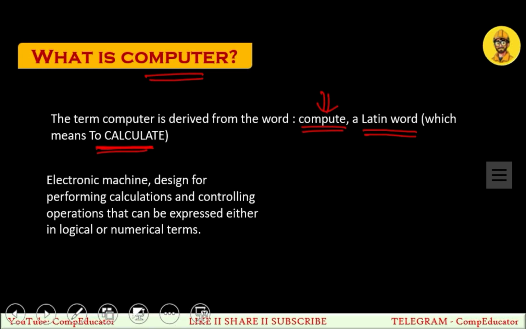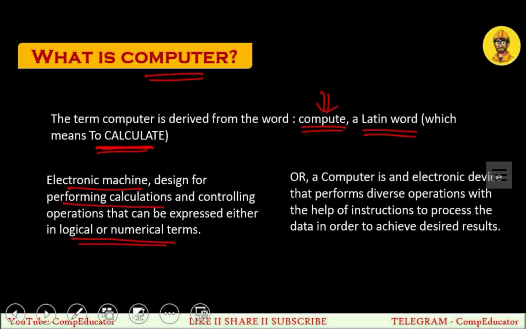As we already discussed, the formal definition of a computer is an electronic machine designed for performing calculations and controlling operations that can be expressed either in logical or numerical terms. Or in other words, a computer is an electronic device that performs diverse operations with the help of instructions to process the data in order to achieve the desired result.